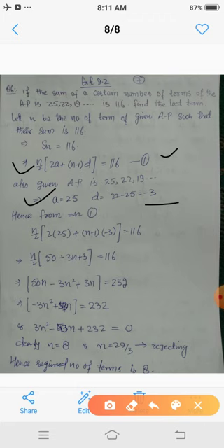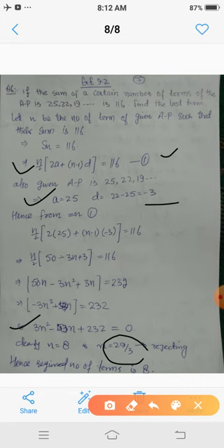After simplifying this equation, we get 3n square minus 53n plus 232 equals 0. Now this is a quadratic in n. By using the quadratic rule, clearly n equals 8 or n equals 29 by 3. Here this 29 by 3 is not natural, but n is natural, which implies that we have to reject this value of n.